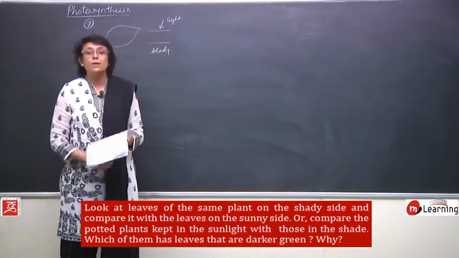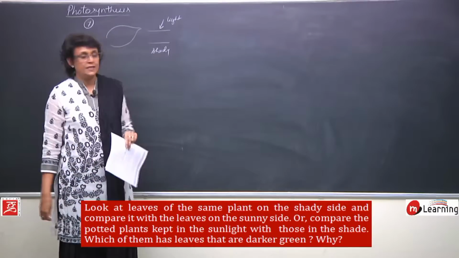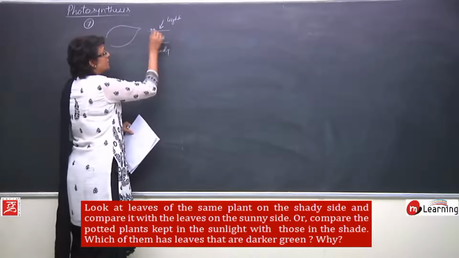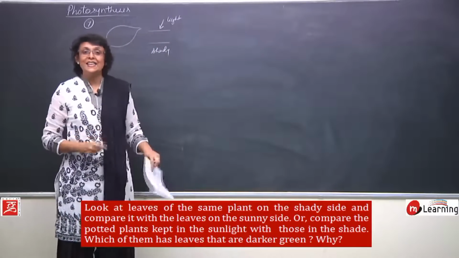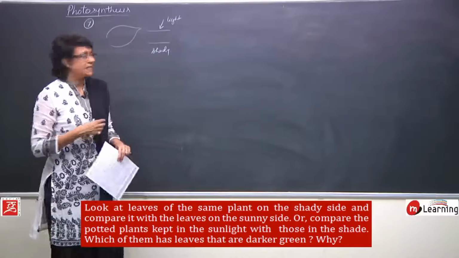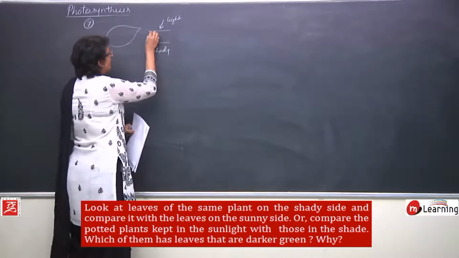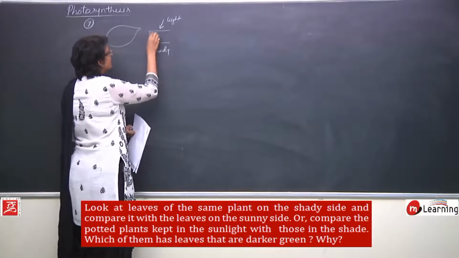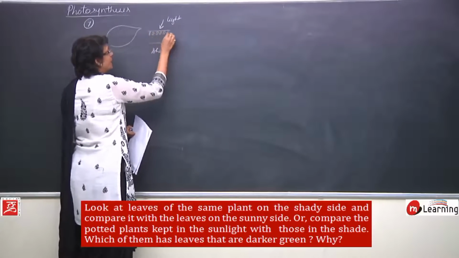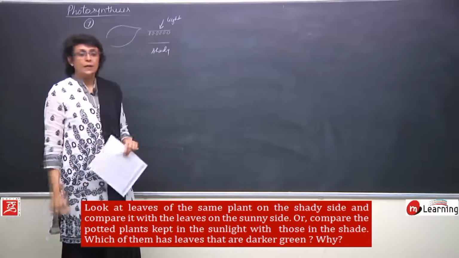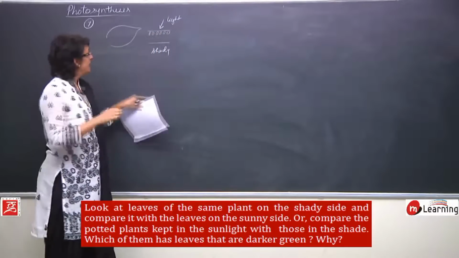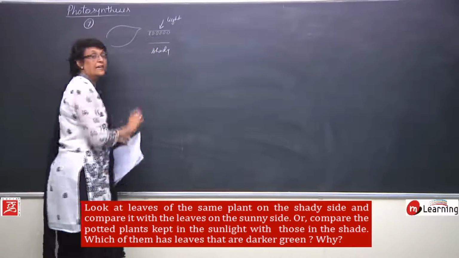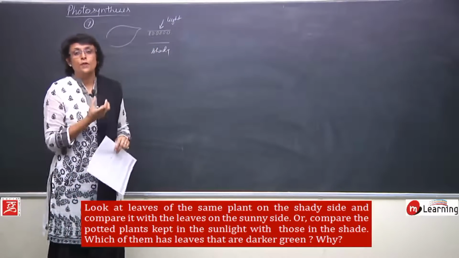Chlorophyll is required for photosynthesis. This surface, the upper surface, because it is getting higher light intensity, will have some chloroplasts, and these chloroplasts will have some chlorophyll in them. The cells on the shady side are not getting enough light falling on them.